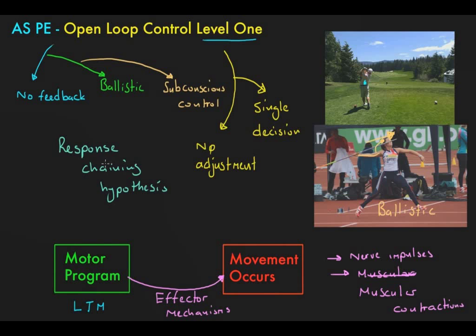There's a chain of responses that actually happen because the initial decision, the only decision to strike downwards, has been taken. It then puts into effect a chain of actions and reactions which produce the whole movement technique.